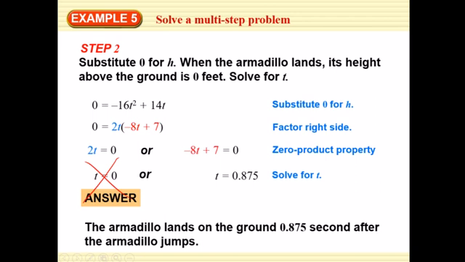So it can't jump off the ground and return to the ground in 0 seconds. That doesn't make sense. That wouldn't be an extraneous solution, it's just a solution that doesn't check out, all right? It doesn't make sense in terms of a real-life problem.